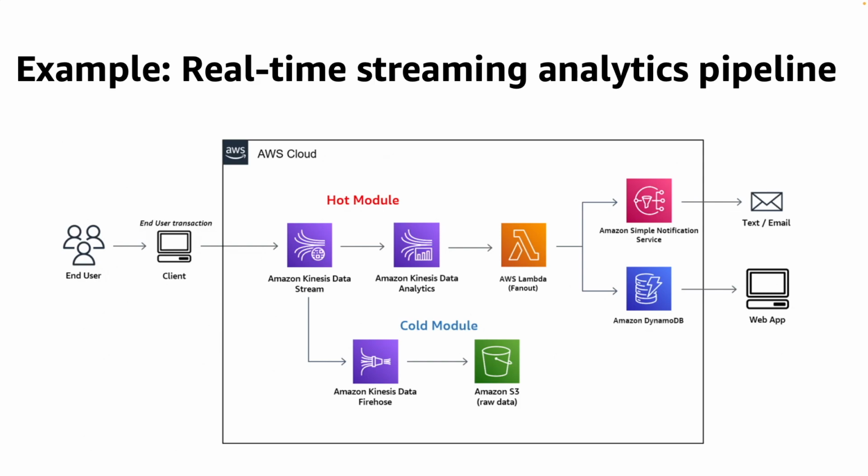Now we are going to have the hot module. Hot module is something where we want to process this data as soon as possible. So we are putting this in Amazon Kinesis Data Analytics. That's real time. From there, we have an AWS Lambda that is fanning out and sending the processed information that we have received from analytics, where you can do some rules processing.